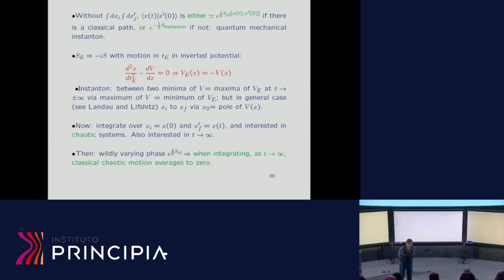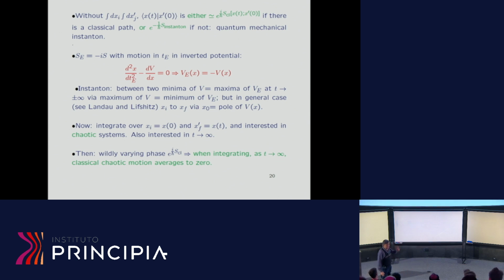The instanton in the simplest case is motion in the inverted potential in Euclidean time. So in the simplest case, one thinks of the instanton as you look at the inverted potential, minus V, and you go between two maxima of minus V via a minimum. So it starts at minus infinity here and goes to plus infinity here. And in the real potential it is a motion between two minima via a maximum.